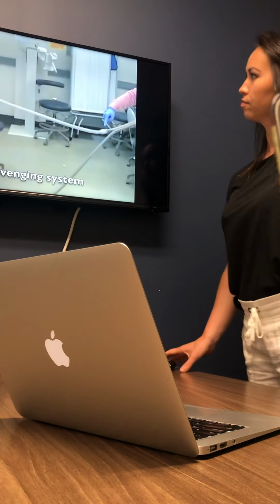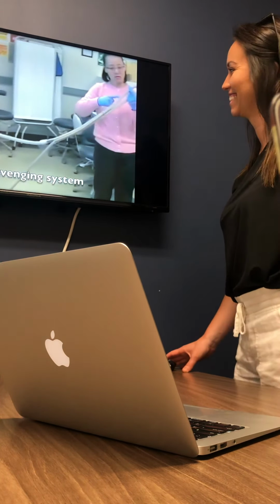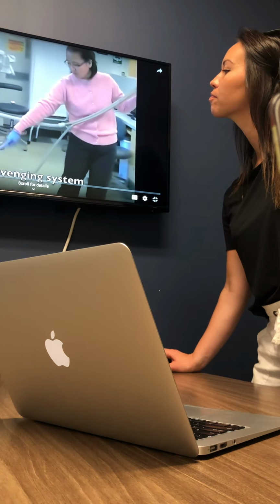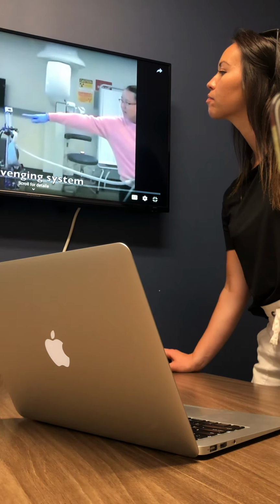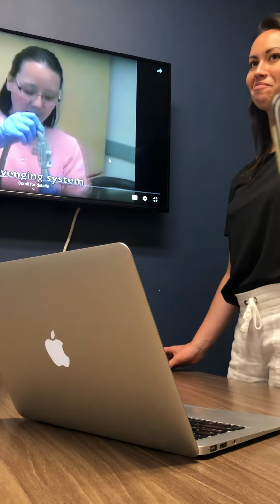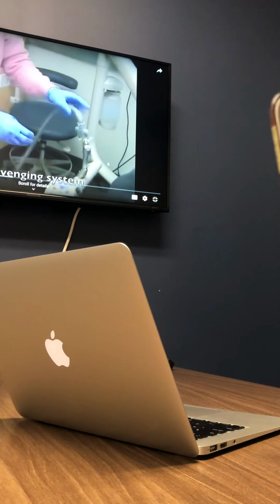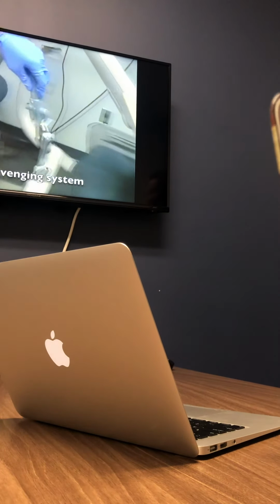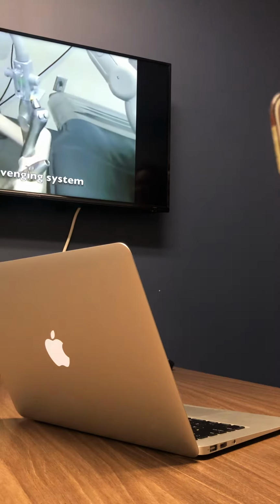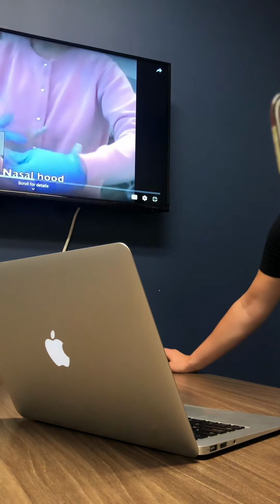This is the scavenging system. Both nitrous and oxygen gas come in and go through the nasal hood. Then the exhaled gas is suctioned by a small tube which is attached to a slow suction. The scavenging system connects to high-speed suction. Then airflow is adjusted by the knobs. All goes through the smaller tube.